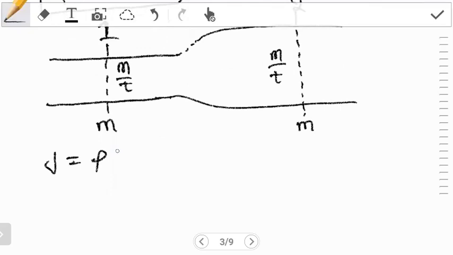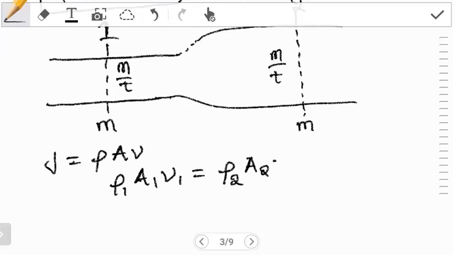Since the flow rate at 1 is equal to the flow rate at 2, it's the density at 1, cross-sectional area at 1, velocity at 1, equal to the density at 2, cross-sectional area at 2, and velocity at 2.